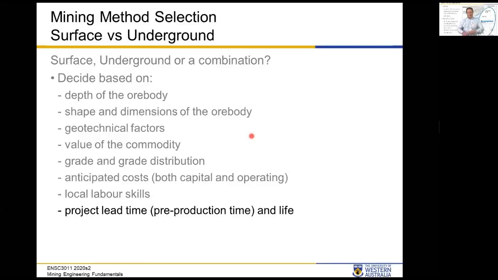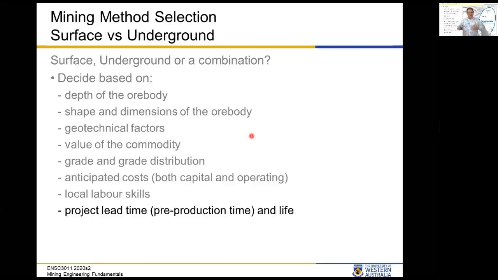The project lead time, so that's the time between starting and your first production. Remembering you don't get paid until you've produced your first tonne of product, first bar of nickel, whatever it is, and sold it. And that typically is several years. So keeping that short is the ideal.